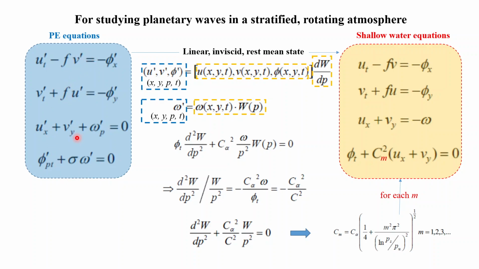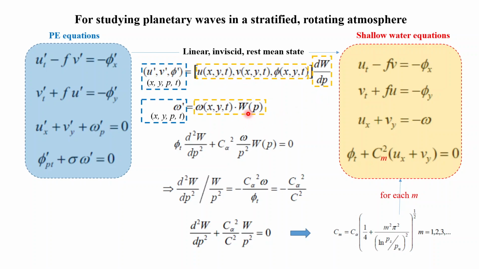of equations, and then you can apply the normal mode decomposition by expressing the u prime, v prime, phi prime, and omega prime that are functions of x, y, p, and t as the horizontal part of the variables that is expressed by u, v, phi, and omega, which are functions of x, y only, and of course t.